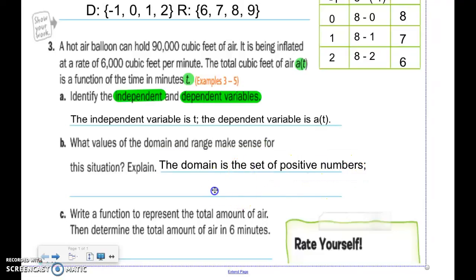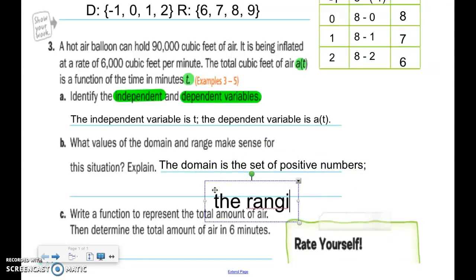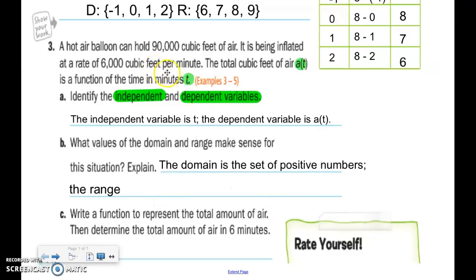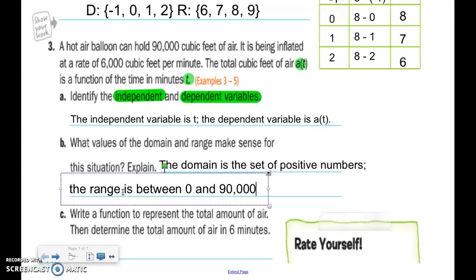All right, so I'm going to write this down here. The range, if you think of it in terms of what output values you could possibly get, is basically going to be between 0 and 90,000, because 0 is the minimum.